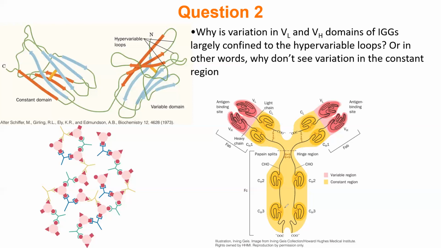And the only reason that we have variability at the tips is because you never know what you're going to encounter inside your cell. You have to be ready for the possibility of everything. All right, so any questions about our antibody structure or how it's interacting or anything we've talked about up to this point today?